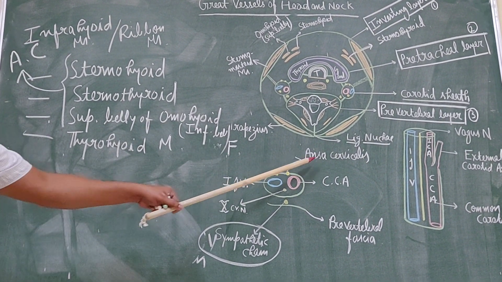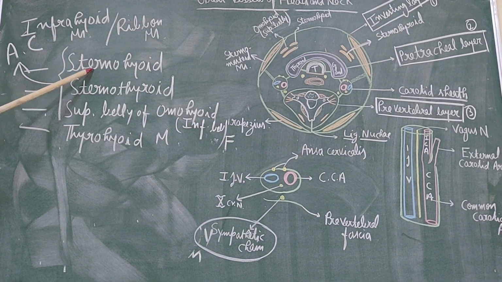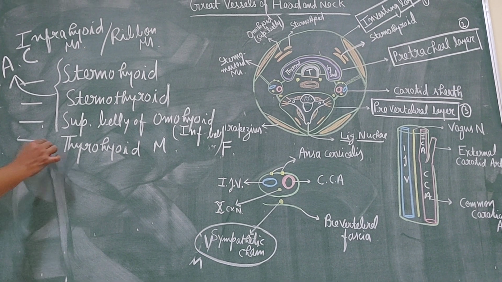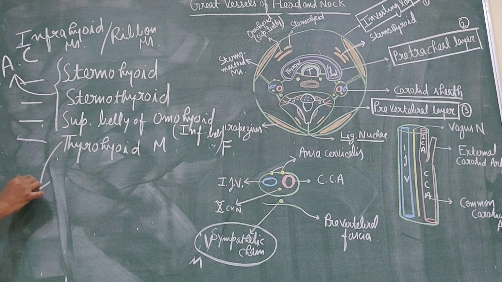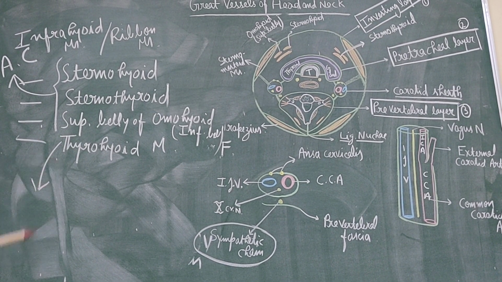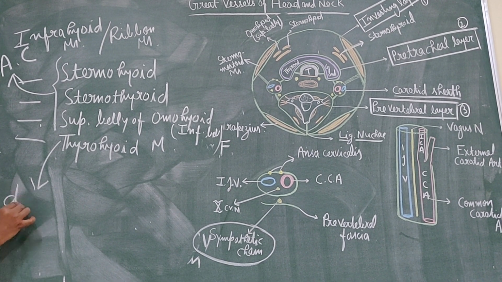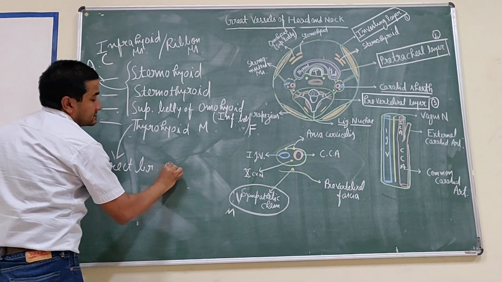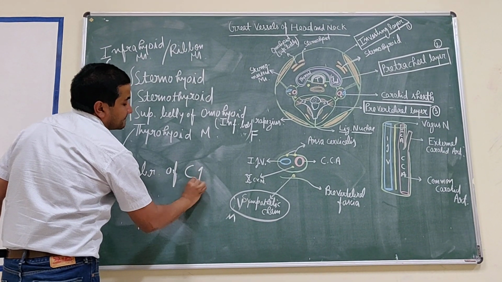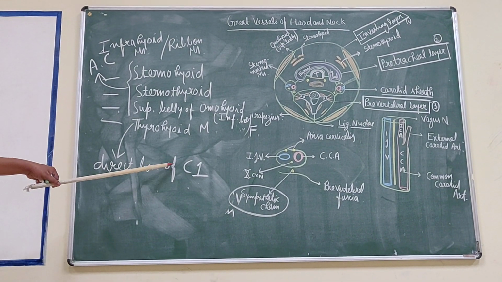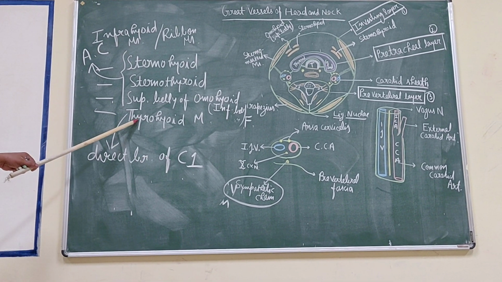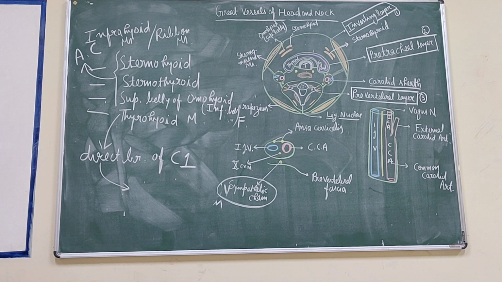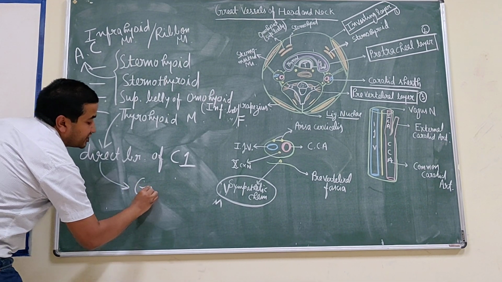One muscle, the thyrohyoid, is supplied by a direct branch of C1. This direct branch of C1 also supplies one suprahyoid muscle, the geniohyoid.